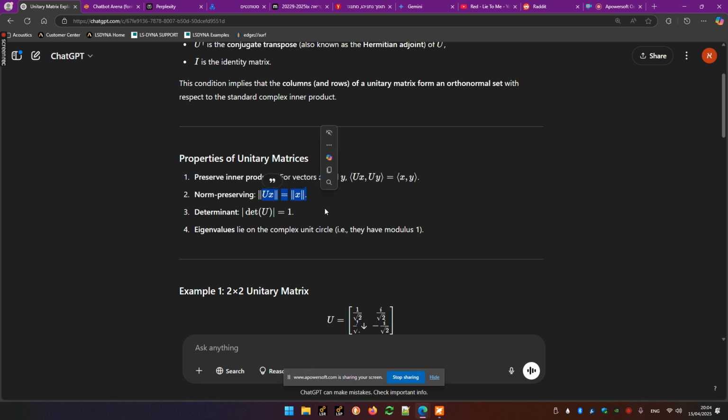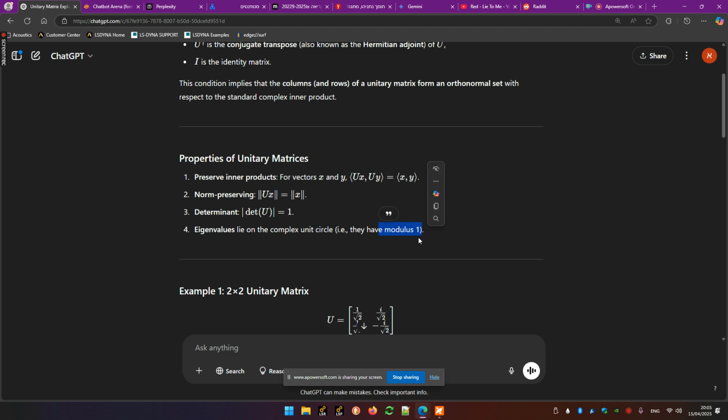Also, it preserves the size of a vector. Namely, if I take a vector and multiply it by the unitary matrix, I just get the vector itself with regard to the norm of the vector. Now, the determinant of a unitary matrix has absolute value 1, and the eigenvalues are again of modulus 1.